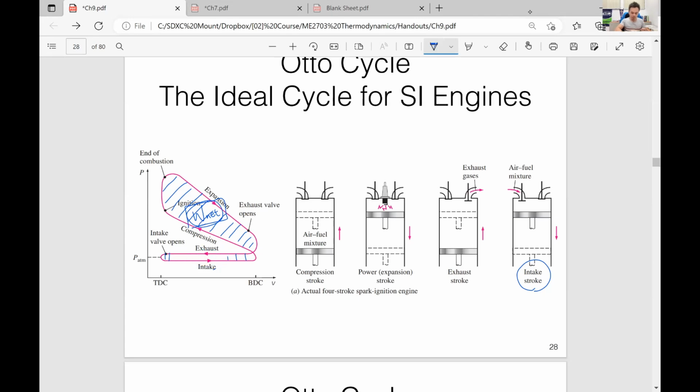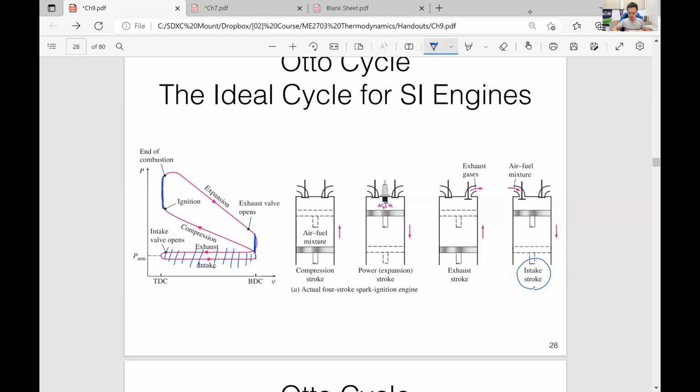So by some appropriate assumptions, usually we can ignore this part. And with this part, we can treat it as a constant volume process, and we can also approximate this part as a straight vertical line. Later we will talk about this in detail.